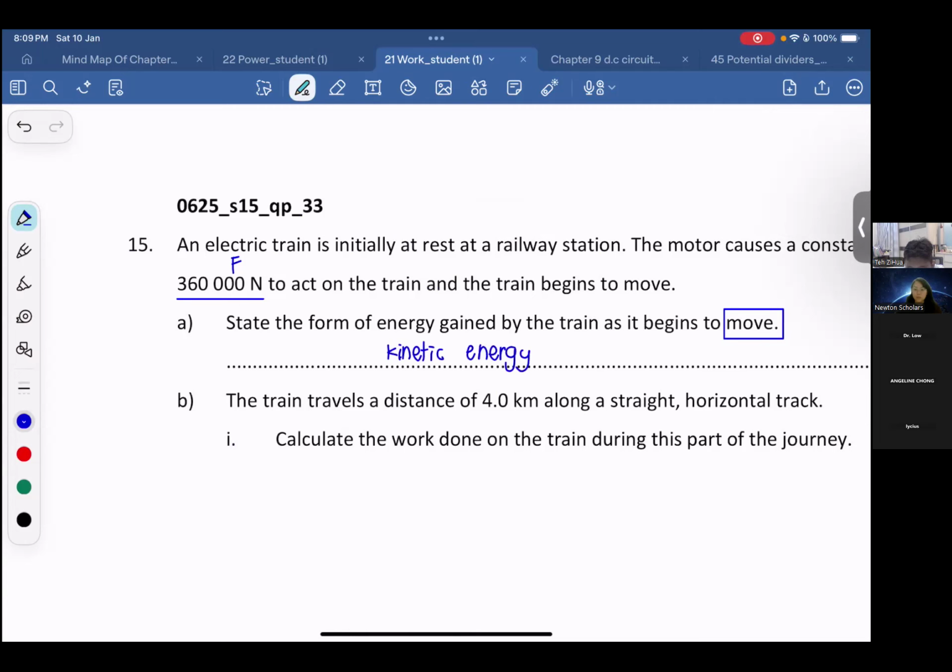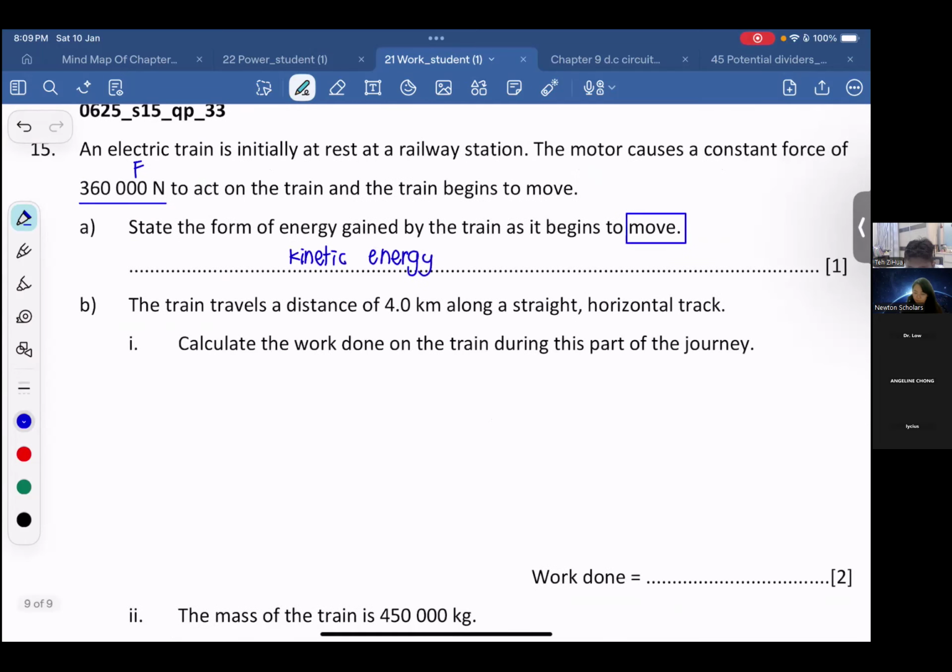Okay, Zihua also the same. The train travels a distance of 4 kilometer along a straight horizontal track. Calculate the work done on the train during this part of the journey. Can you do the calculation right now? Do your calculation and then tell me your answer.